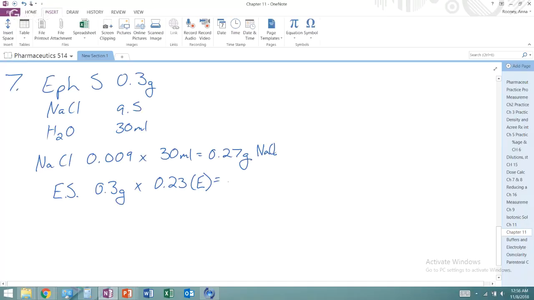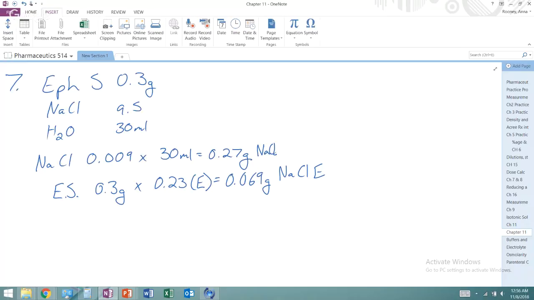So the equivalent amount is 0.069 grams NaCl equivalents. So this is the amount of drawing power of the particulates from the ephedrine sulfate as it equals sodium.